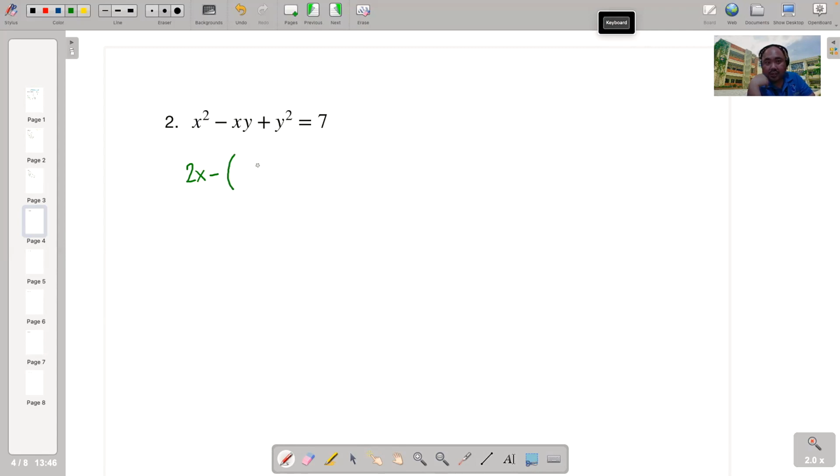The product rule says that the derivative of the first function, x, is 1, so we don't write that anymore, times the second function, y, plus the first function, times the derivative of the second function. So we have y here. So the derivative of y is, for now, we just write it as dy dx. We do not know what exactly it is, but for now we write it as dy dx.